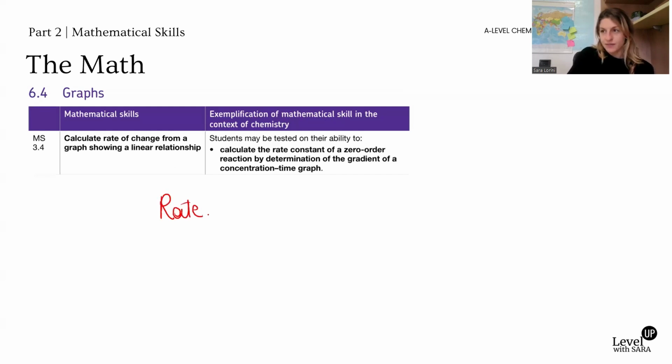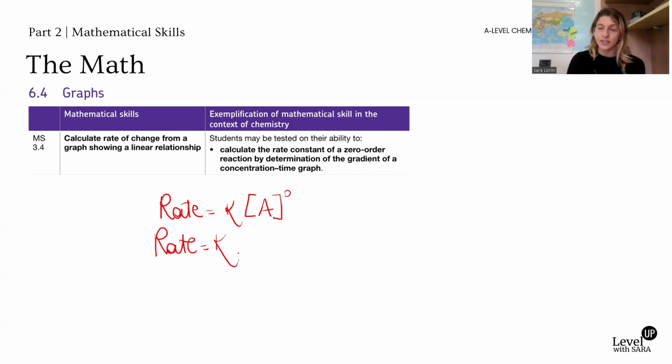A zero order reaction will be the rate, and here I'm writing the rate equation, which is equal to the rate constant times the concentration of your reactant. But because that is at zero order, remember that the rate is equal to the rate constant. Okay, so if you need to find the rate constant, guess what? It would be the value of the rate, which is, as we saw in the graph before, the slope of that straight line.